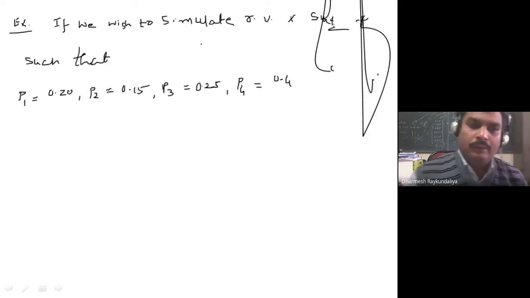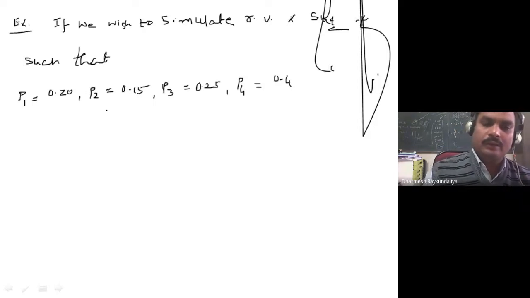So we have given the probability that x takes value 1 is 0.2, x takes value 2 is 0.15, x takes value 3 is 0.25, and p4, that is x takes value 4, is 0.4. So it is saying to generate the random variable x.